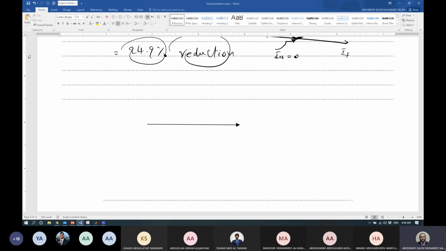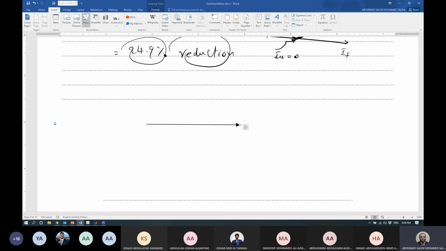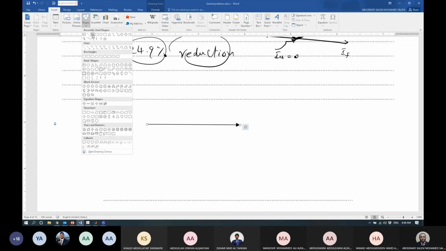Then we have the power angle. Of course we should plot to scale, guys. Plot to scale means you have to make a scale between the magnitude of voltage and the centimeters you plot. Okay. Then we can draw.